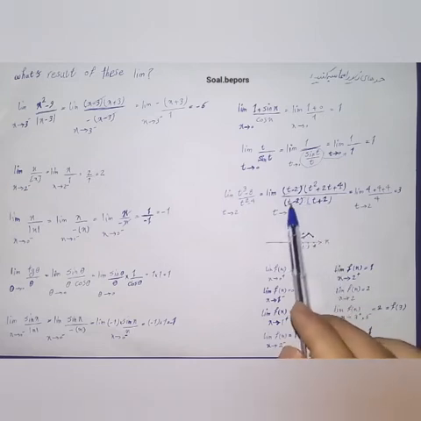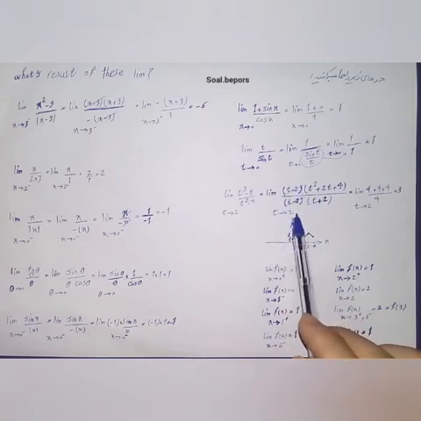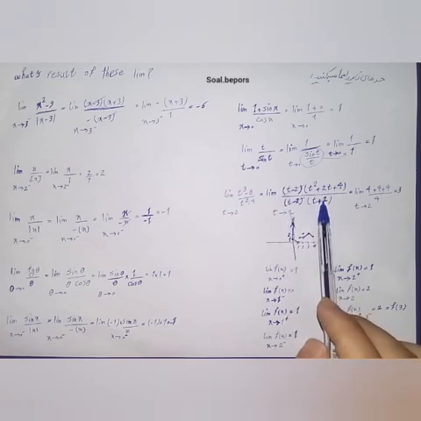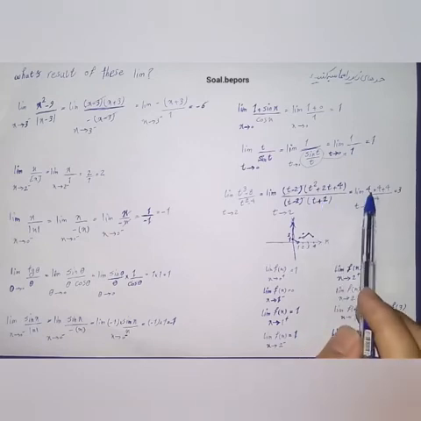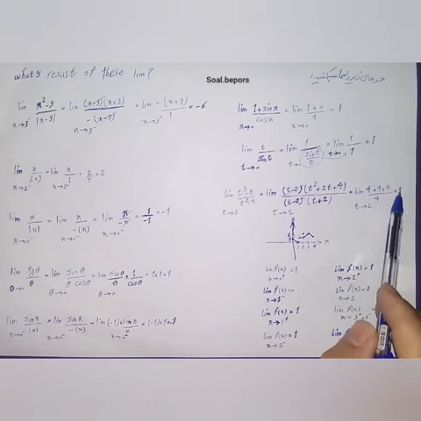We can simplify t minus 2 from numerator and denominator, and put 2 in the equation of numerator and denominator. So at the end we have the result 3.